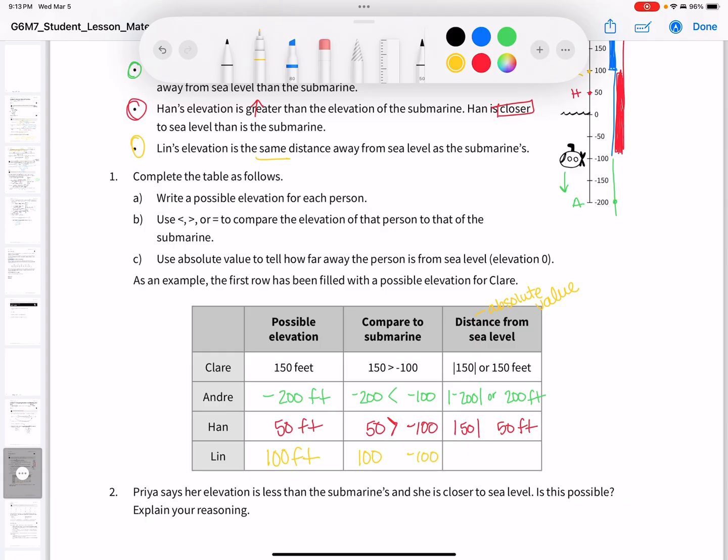Getting $100 is a lot better than giving away $100, right? So 100 is greater than negative 100. But we have the absolute value of 100, and it is 100 feet, which is the same as the absolute value of negative 100. Okay?